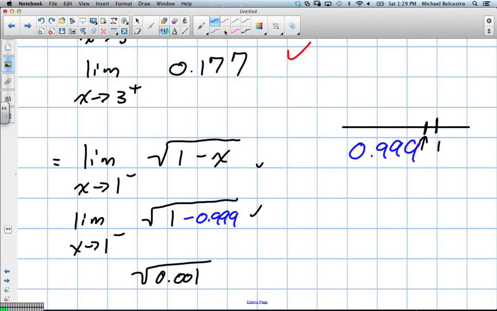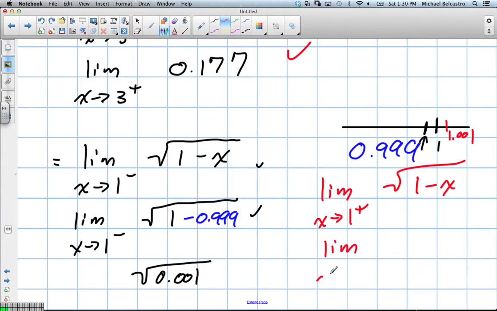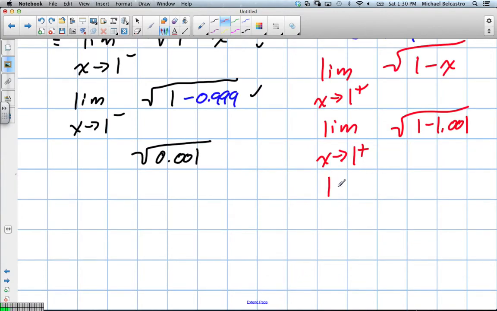But in this case, let's say they had said the limit as x approaches 1 from the right. Same equation. Well, in that case, we'd be working with 1.001. If I plug that in, 1 subtract 1.001, what kind of value are we going to get?